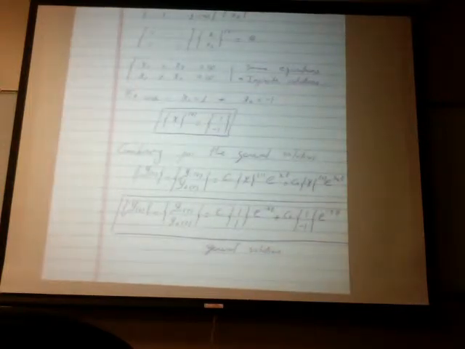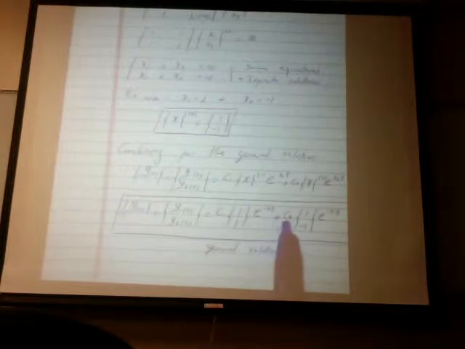That's the general solution. So y1 will be c1 times e to the minus 2t plus c2 times e to the minus 4t. y2 will be c1 times e to the minus 2t minus c2 times e to the minus 4t.